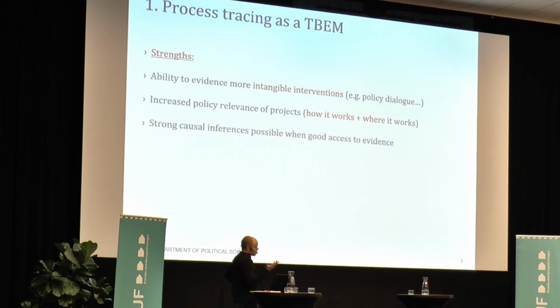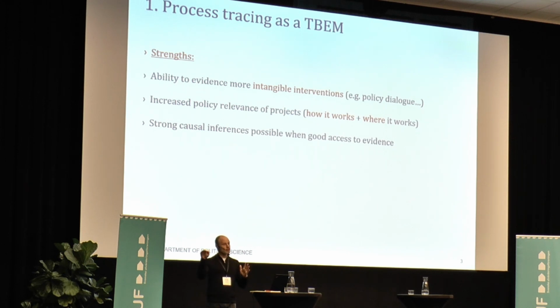And in theory, if you have good access to evidence, you can make some pretty strong causal inferences. Those of you that are trained to think in RCTs would say, well, I don't have any variation. How can I make causal inference? Well, we're making causal inference in the same way that we would make inferences in a criminal investigation. Right?